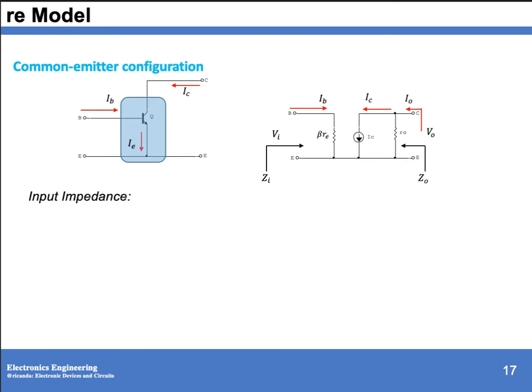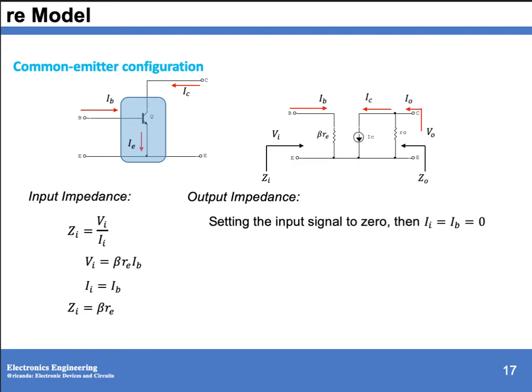If we solve for your input impedance, it is BI over II, where BI is equivalent to beta RE IB, and your input current is equivalent to IB. Therefore, input impedance is equal to beta RE. For the output impedance, we have to set the input signal to 0, so the input current IB is 0, and IC is also 0. So we have output impedance equivalent to RO.